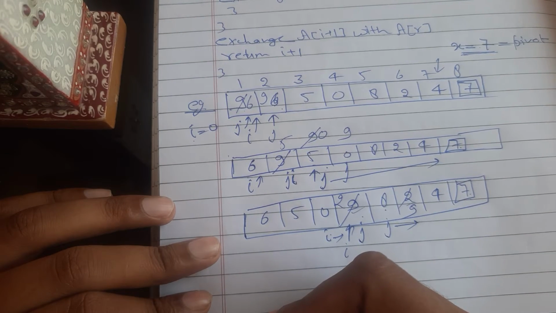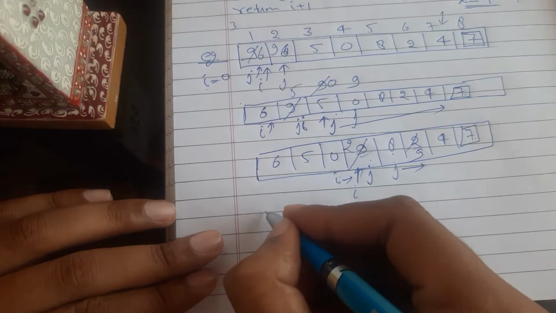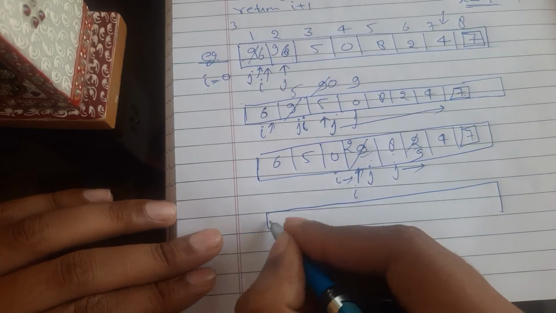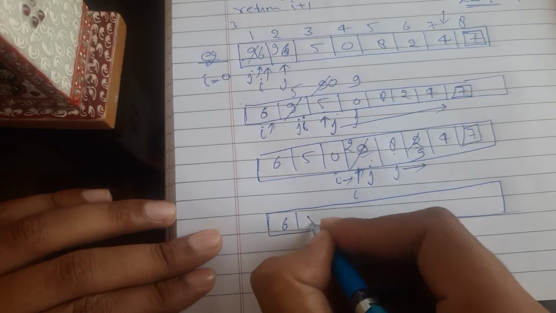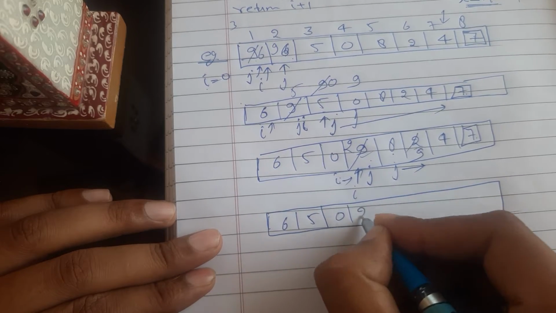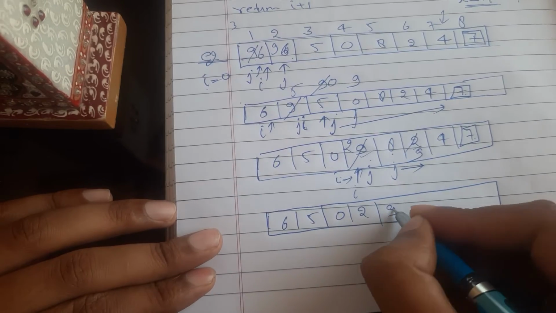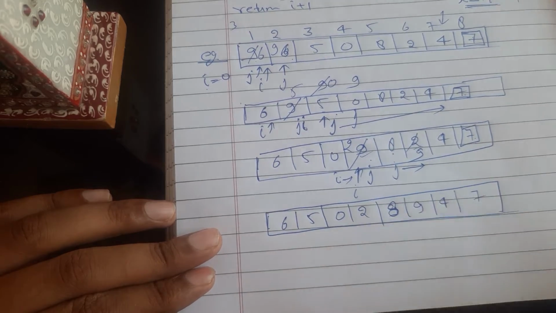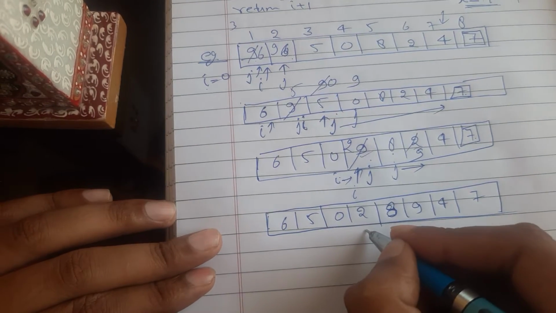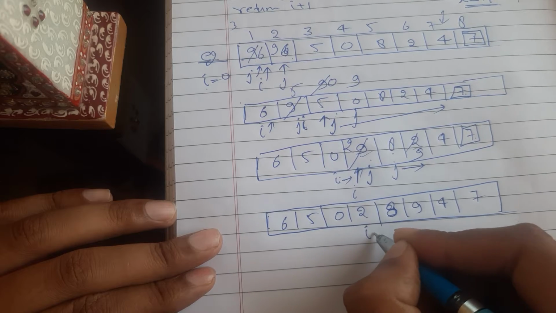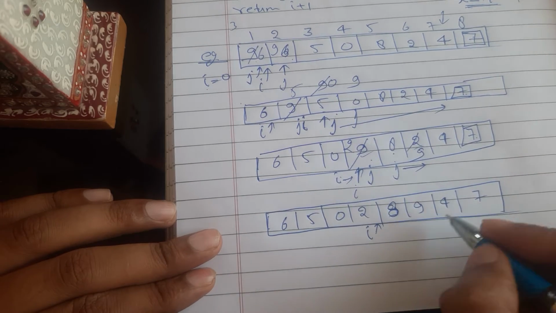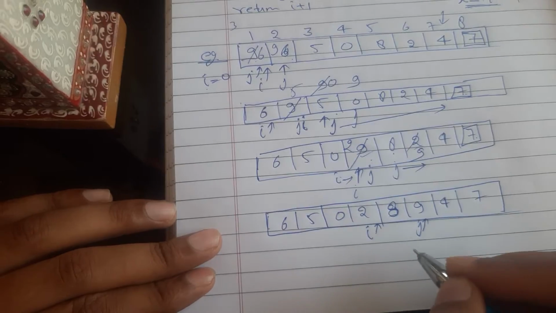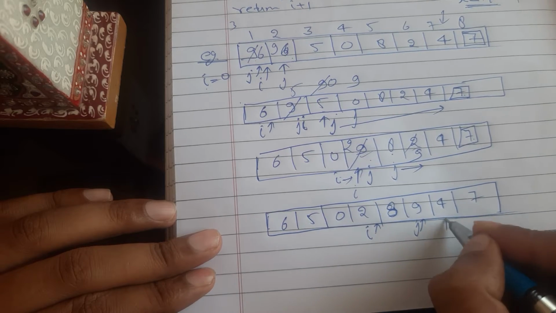So the new array is looking like this: 6 5 0 2 8 9 4 7. Then i is pointing here and j is pointing here, then we increment j.